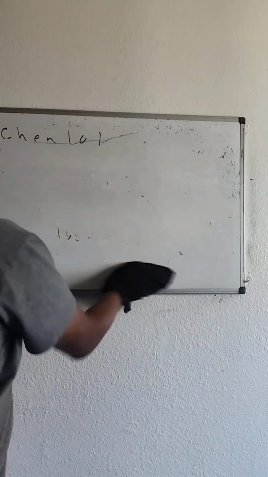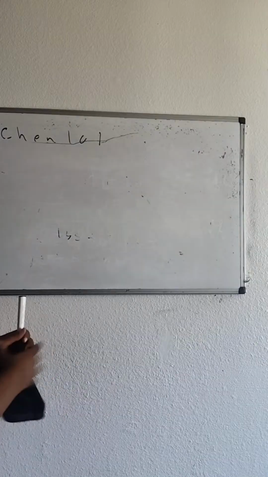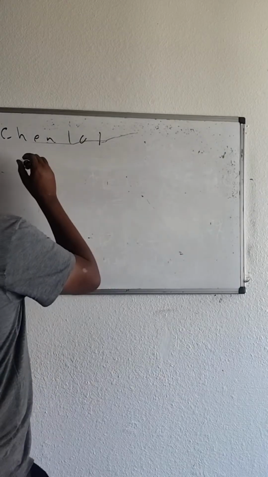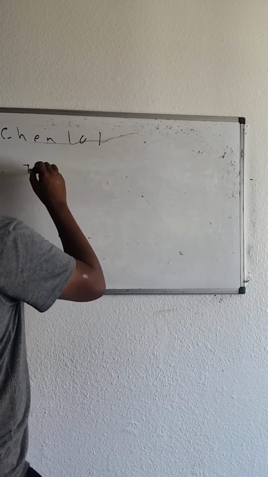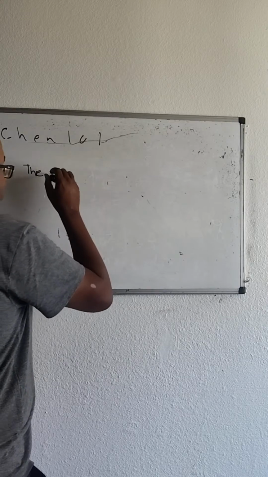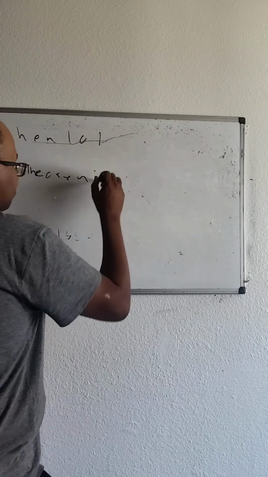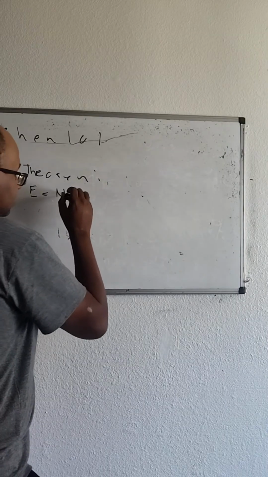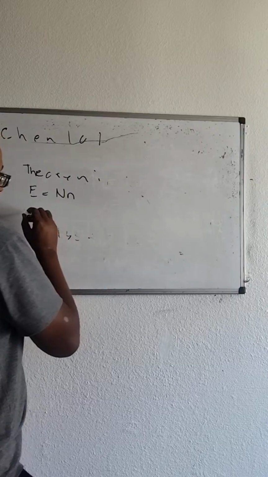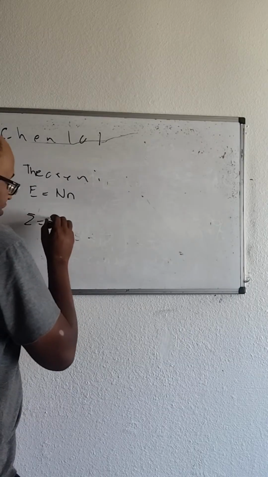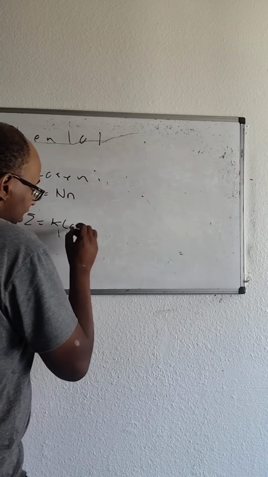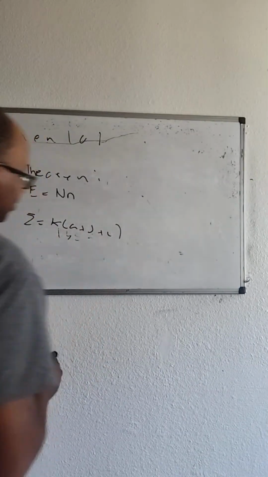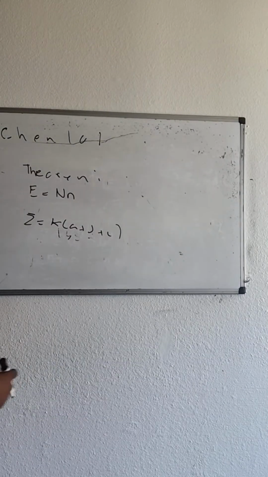This theorem is real analysis. Basically we've got E equal to N times N, or E equal to K times A plus B plus C. Very important theorems, guys.